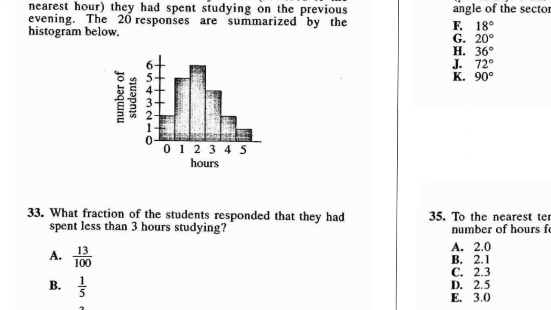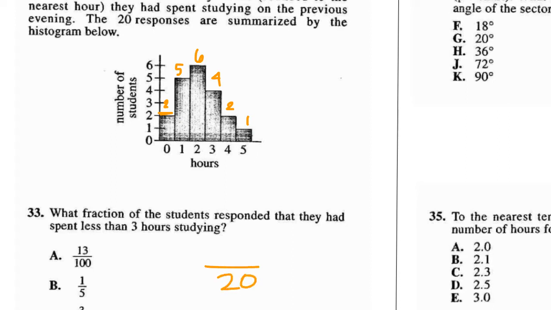Well, notice that number of students and number of hours. So here's 2 students here, and this would be 5 and 6, 4, another 2, and then here just 1 student. So that would make it a little easier for us to glance up. And we know we had a total of 20 students that answered.